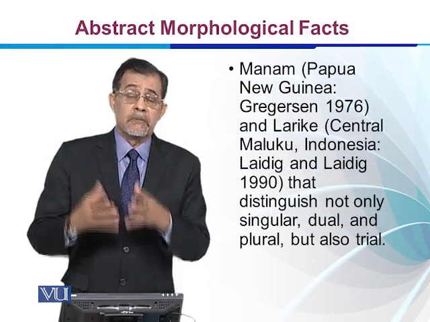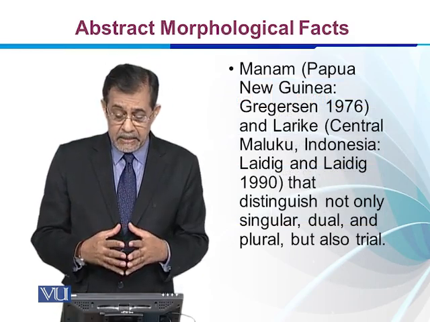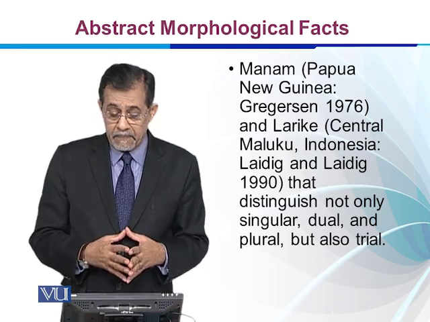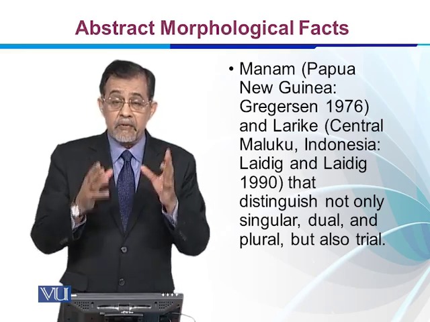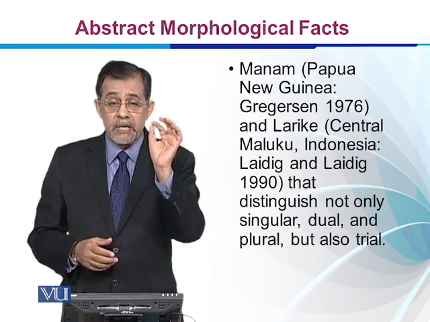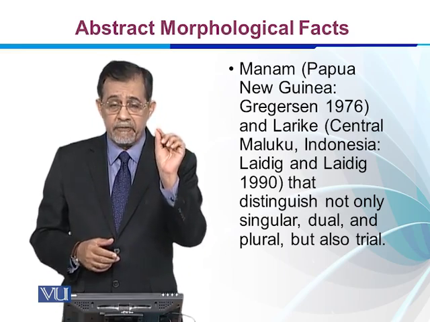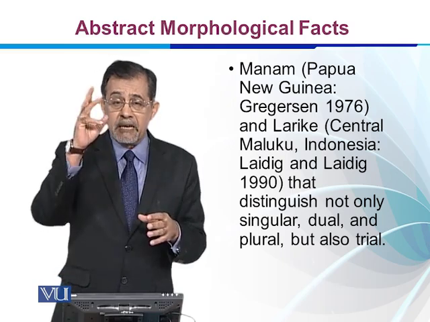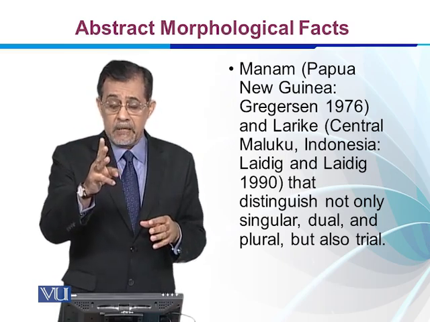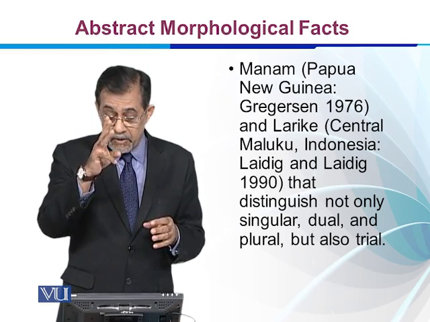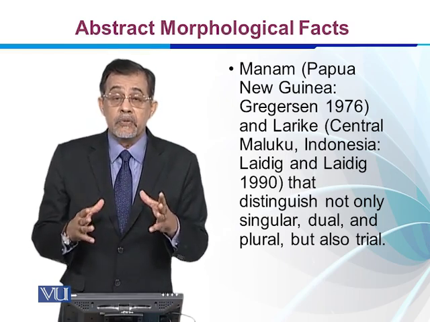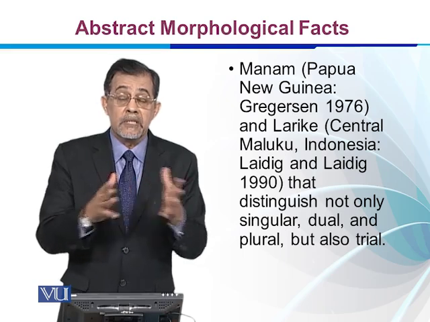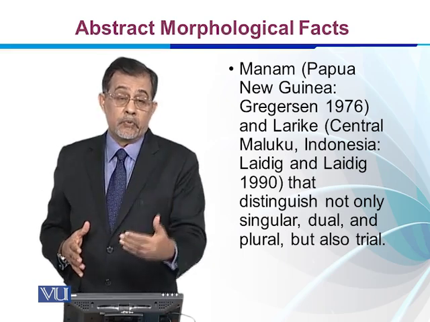There are some languages, like Manam and other languages, in which we have not only a word for a singular object, we have one for two objects, we have a word for three. We also have a triad, right? So this is a fact for this language.